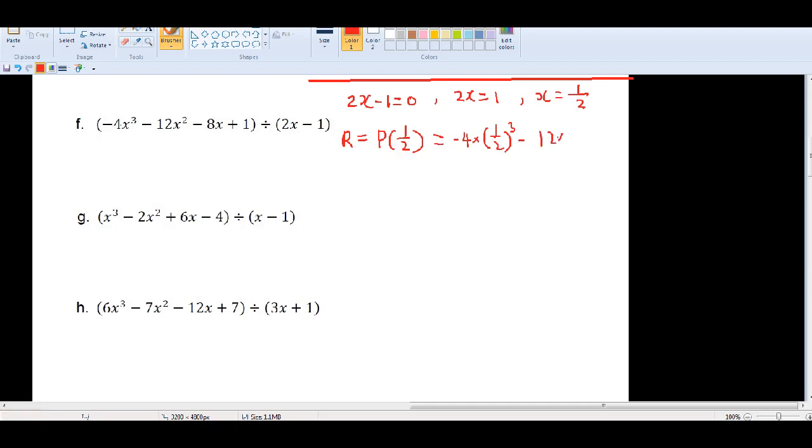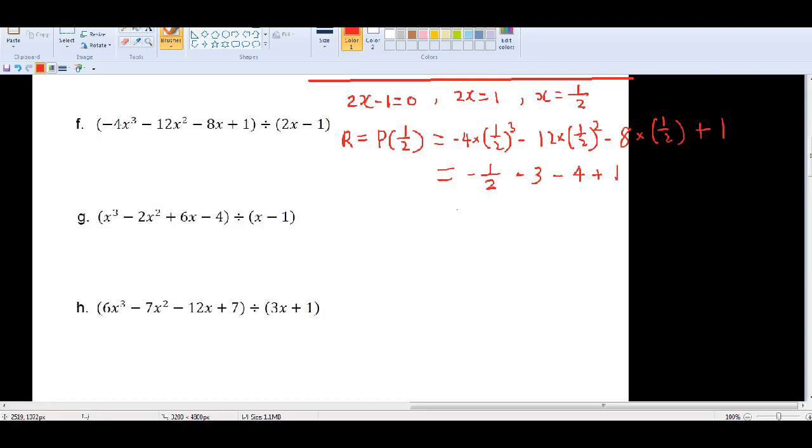Plus 1. Of course, here you might use your calculator to help you if you want. The first number is 1/2. The second number is 3 minus 3. The third number is 4. And that's plus 1.